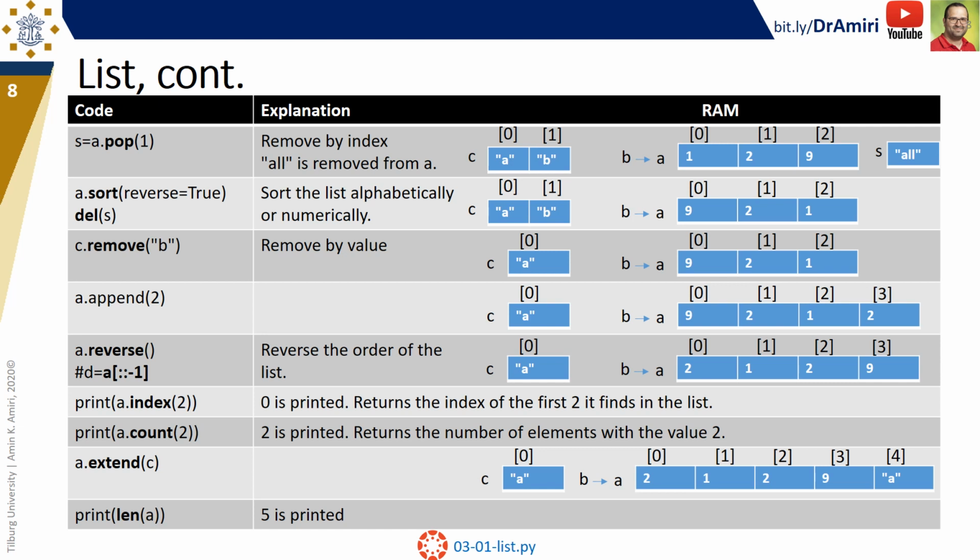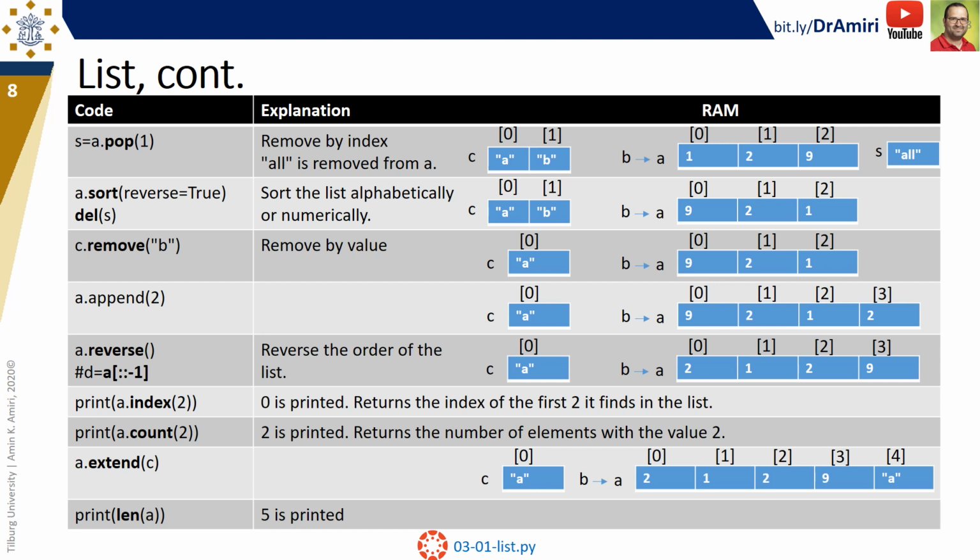A.count(2) returns the number of elements with the value given to the count. So here, count will look for 2 in the list. It finds two twos, so it returns 2.